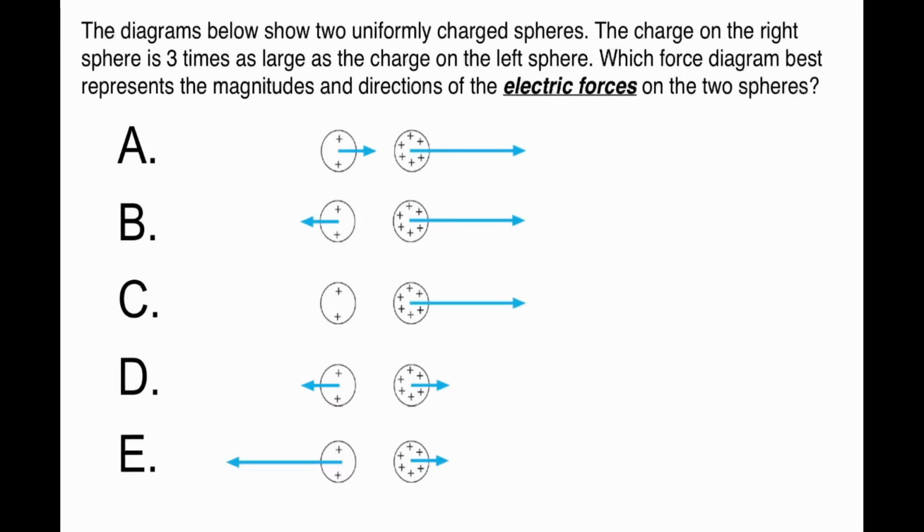Just want to point out here, the sphere with more charges on it has more charge, right? So more plus signs, more charge. You're looking for the picture that gives the correct visual for the forces that are acting on each of the spheres.